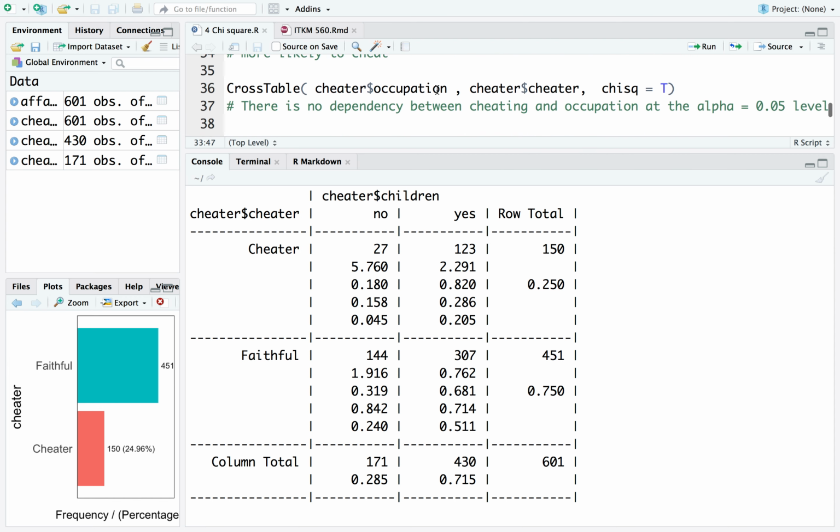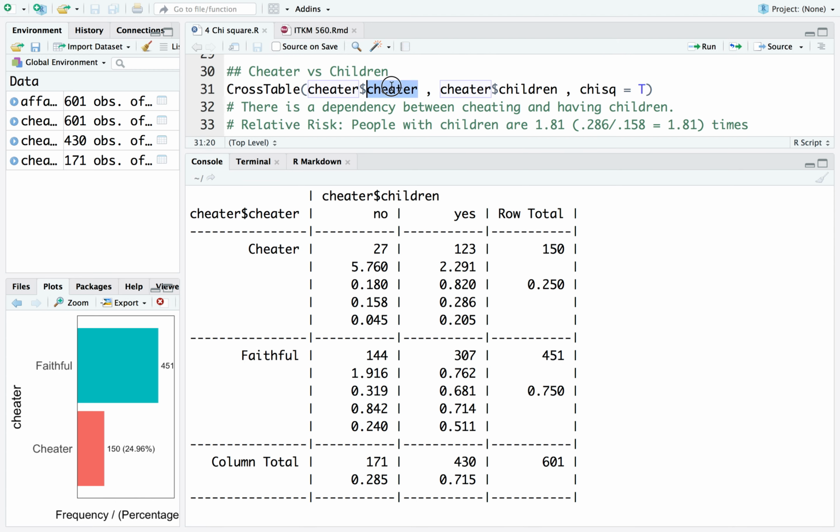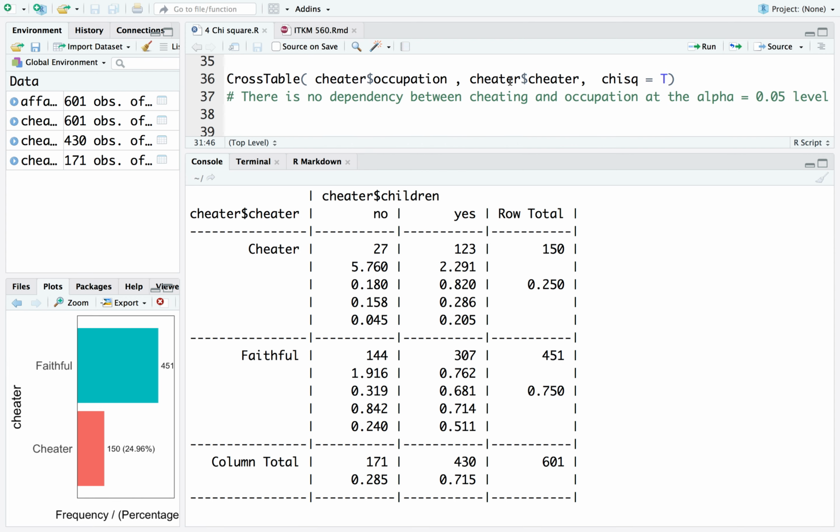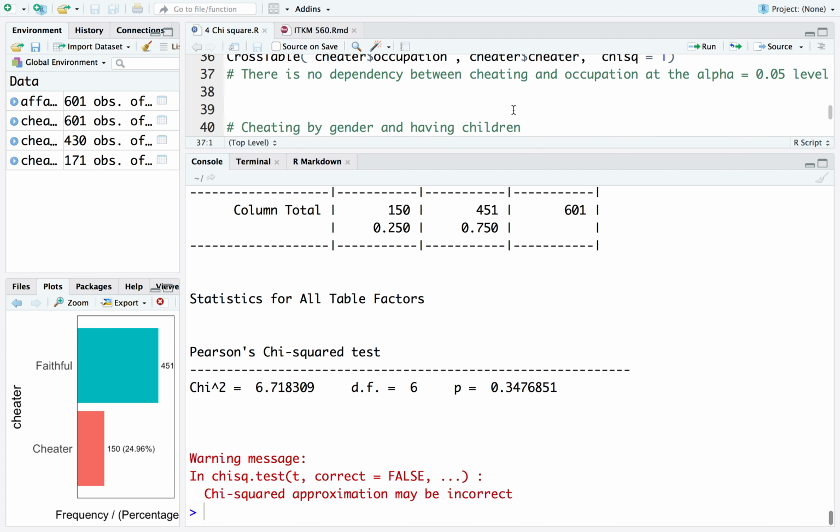Continuing. So we have occupation. Occupation, remember, has multiple levels. Cheating has 2 levels. Note how here I have cheater versus children, but here I flipped it around, occupation versus cheater, because I want occupation in my rows. Why? Because when I run this, I want to be able to see it.